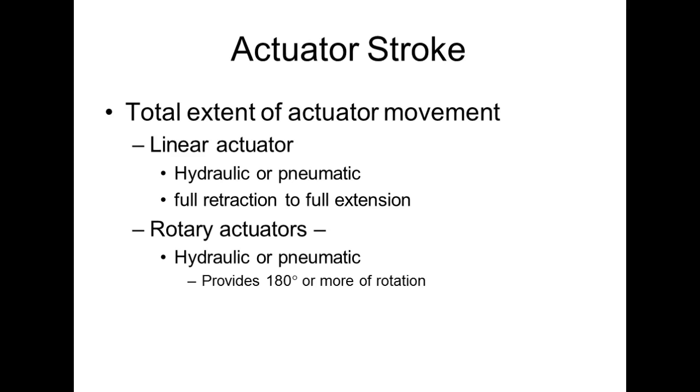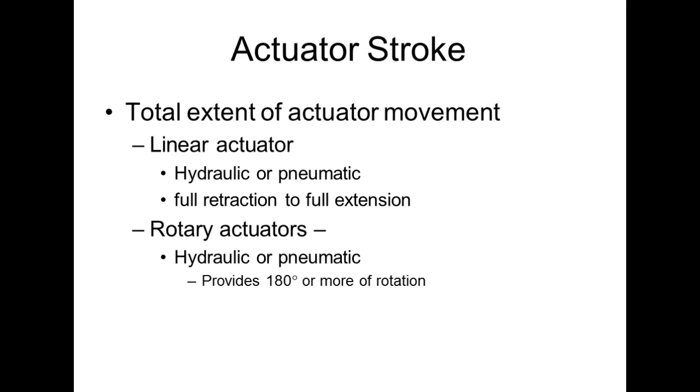Normally, when we use an electric rotary actuator, we need an actuator that cannot rotate past 360 degrees. An electric motor can definitely run more than that. It can make multiple turns of 360 degrees. So usually, when you talk about an electric actuator, we're talking about one that's less than 360.